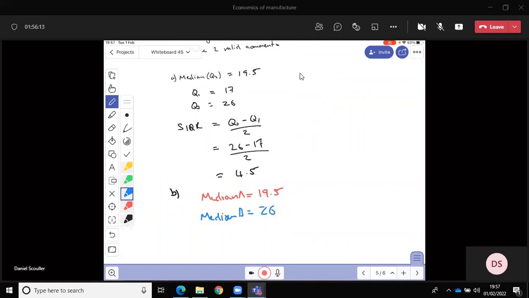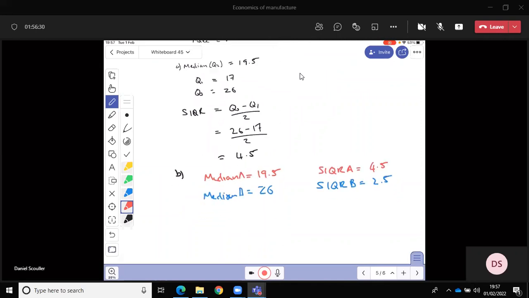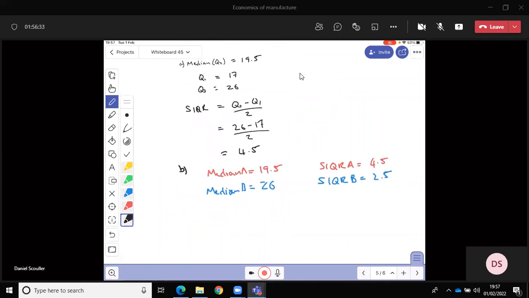The semi-interquartile range for B was 2.5, and the semi-interquartile range that we've just worked out for A was 4.5. So what is that telling us? Two valid statements.